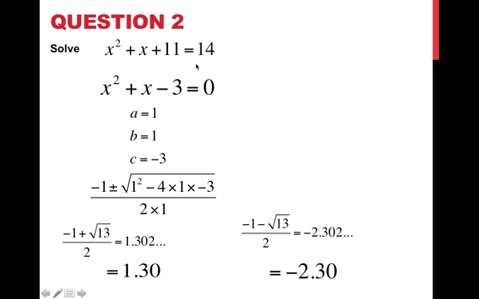We got a minus 3 by subtracting 14 from 11. So that gave us 0. And then we put our values in, so a equals 1, b equals 1, and c equals minus 3. We put it into the formula: minus 1 plus or minus the square root of 1 squared, take away 4 times 1 times minus 3, over 2 times 1.